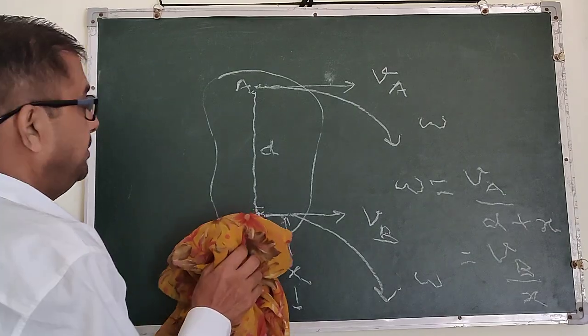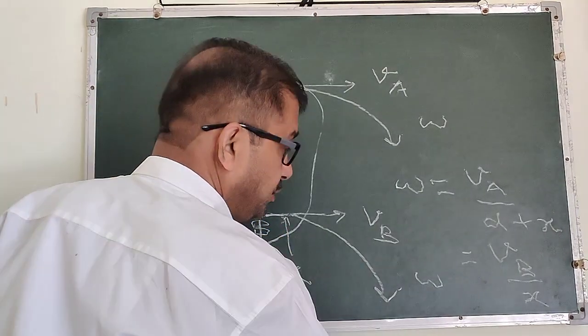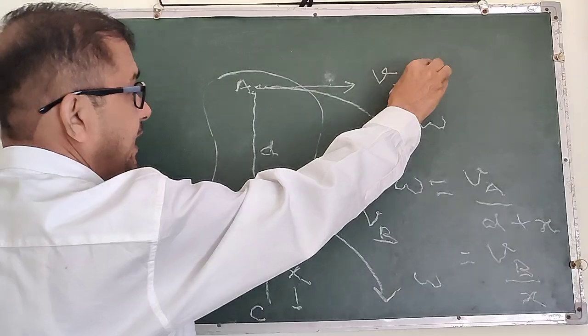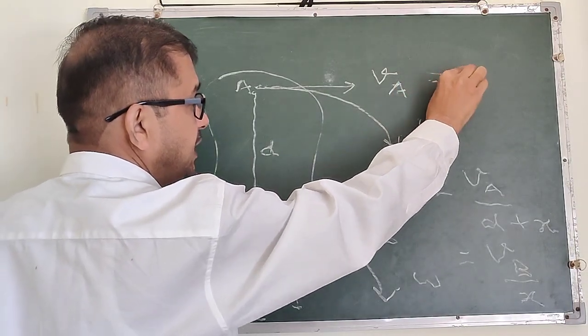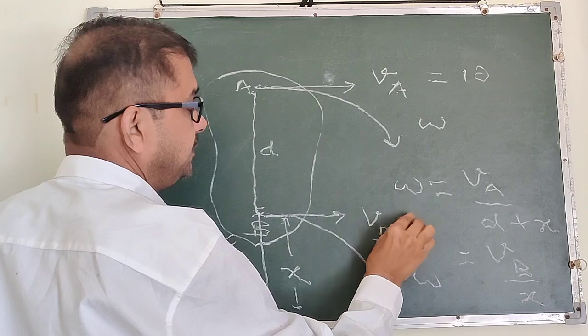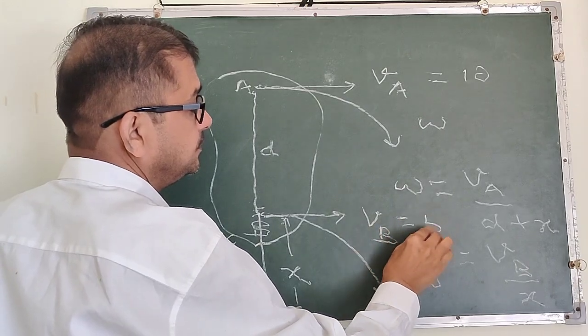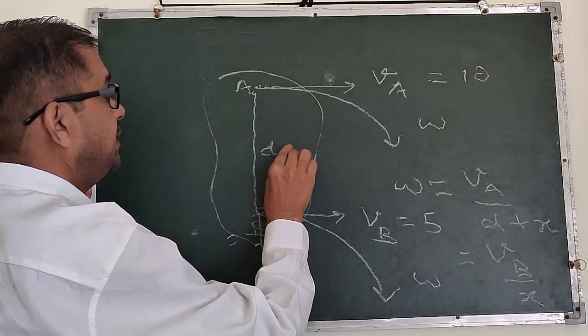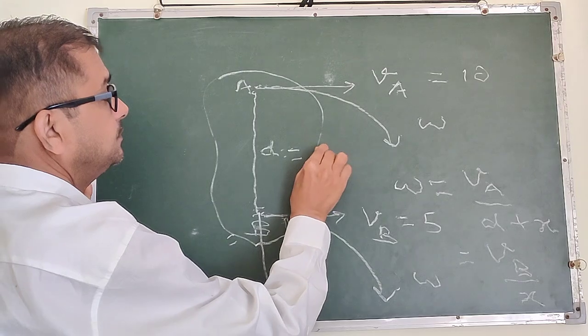For example, I am using data, and suppose VA is equal to 10 meter per second, VB is equal to 5 meter per second, and d is given as 2 meter.